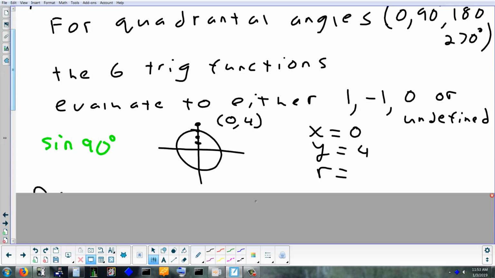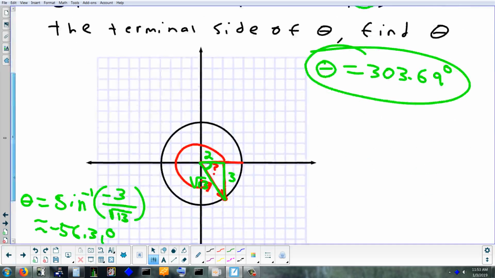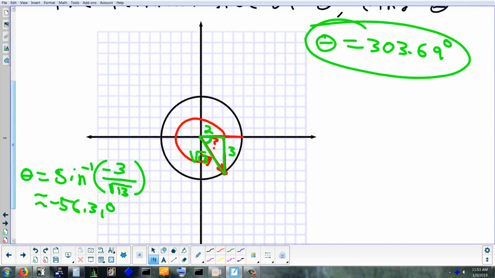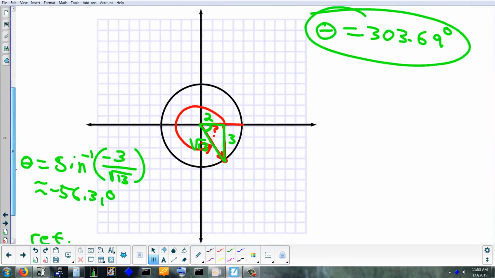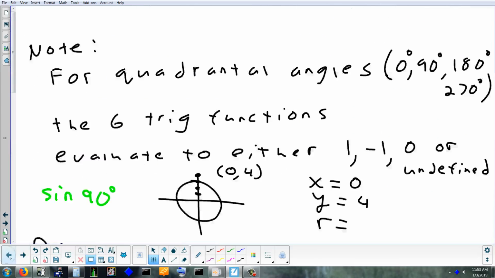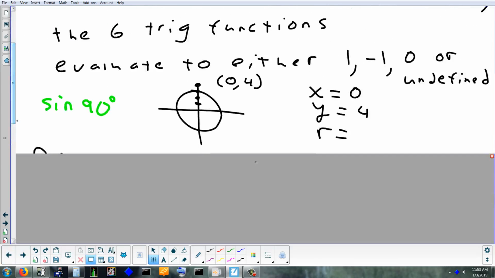You can find R the same way we did before. Just do x squared plus y squared equals r squared, the Pythagorean theorem. We did it with a 2 and a 3, and we got the square root of 13. What do you get if you do it with a 0 and a 4? 4. Yeah, you just get 4.